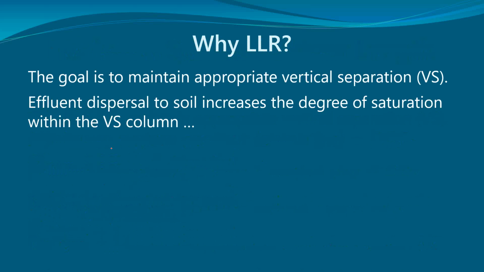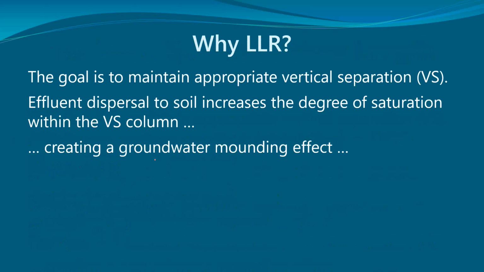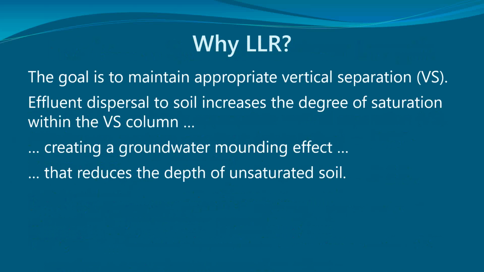We're adding water, with organics and so on in it, and that increases the wetness of the soil, the saturation within the VS column. So if we had 60 centimeters of unsaturated soil before we started, once we start adding effluent to it, we're going to have something less than 60 centimeters generally, and that's called a groundwater mounding effect. So it's increasing the elevation of saturation within the soil underneath our drain field, thereby reducing the depth of unsaturated soil.